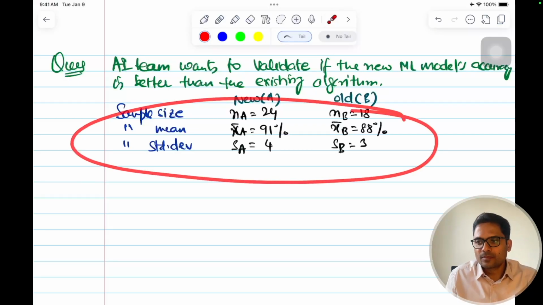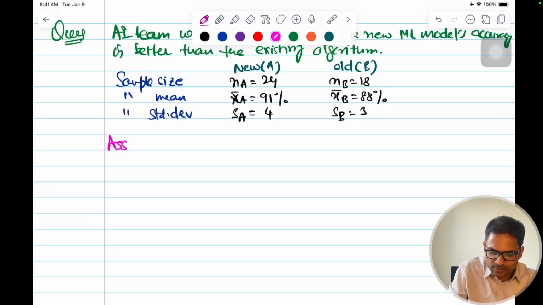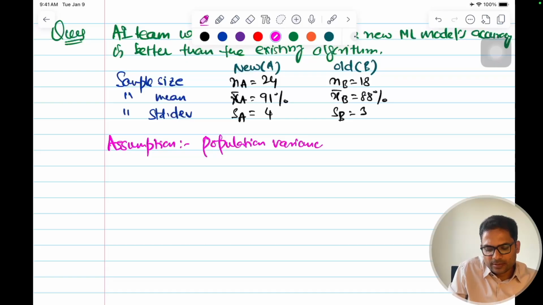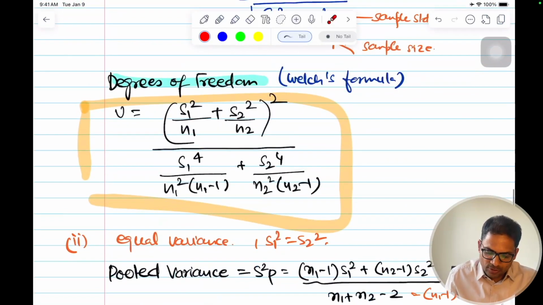Okay, this is the data you have, and then the assumption is that the population variance of both the samples is almost the same. Nothing is given, so we assume that the population variance of A is approximately equal to that of B. Since the population variance is the same, we can use the second, equal variance test.